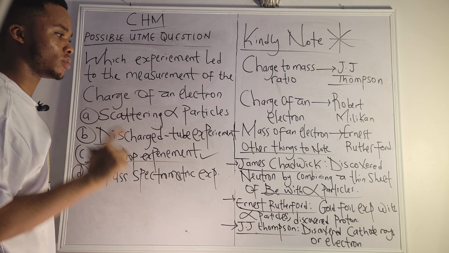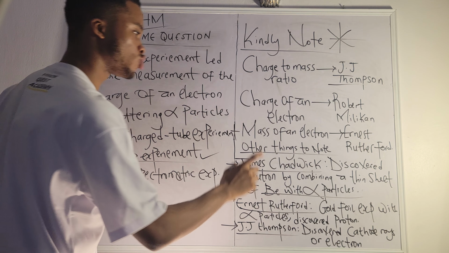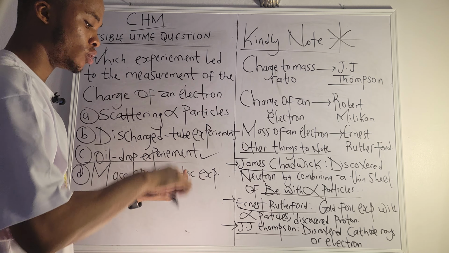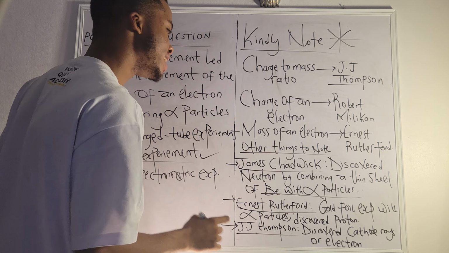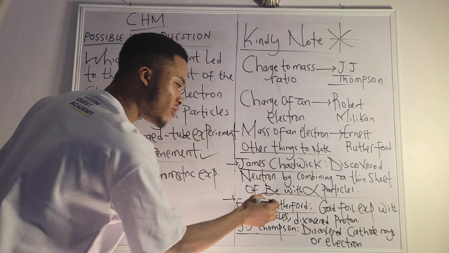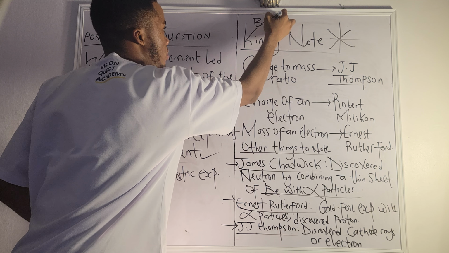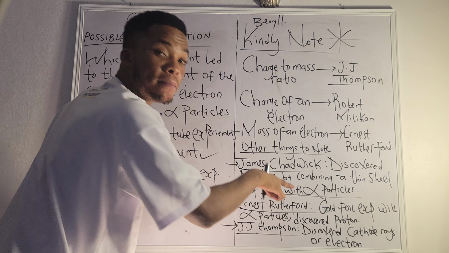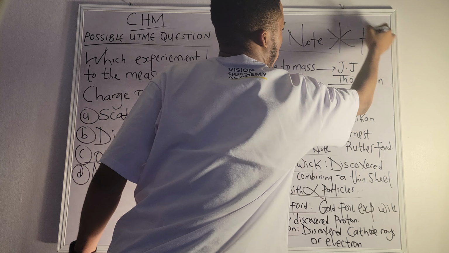Now, please note something as well. James Chadwick discovered the neutron. We have three subatomic particles: your proton, your neutron, and your electron. So the neutron was discovered by James Chadwick, and how did he discover it? He combined a thin sheet of beryllium, an element in the periodic table, with alpha particles, which are helium particles.